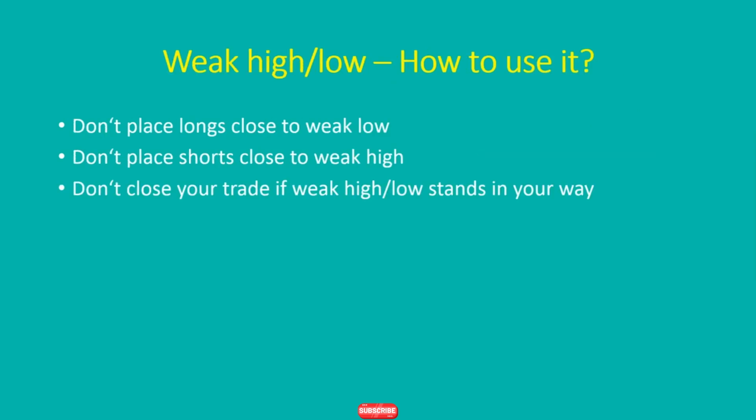And now let me show you how to use it in our trading. So imagine that there's a downtrend, then there's a weak low, and then the price continues some way, it doesn't matter how. And let's now say that you would like to place a long trade, for example, from this area. Let's say that this is a strong support, or you think it is a strong support.